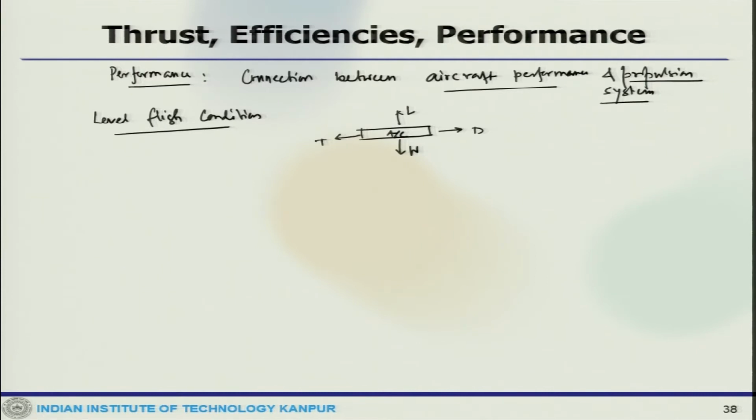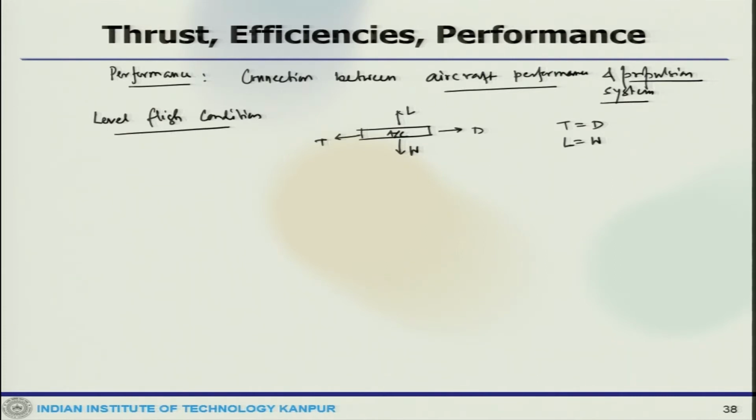When it is in level flight, the thrust force is balanced with the drag force and the lift is balanced with the weight of the body. Any thrust available in excess can be applied to accelerate the vehicle, which increases the kinetic energy.